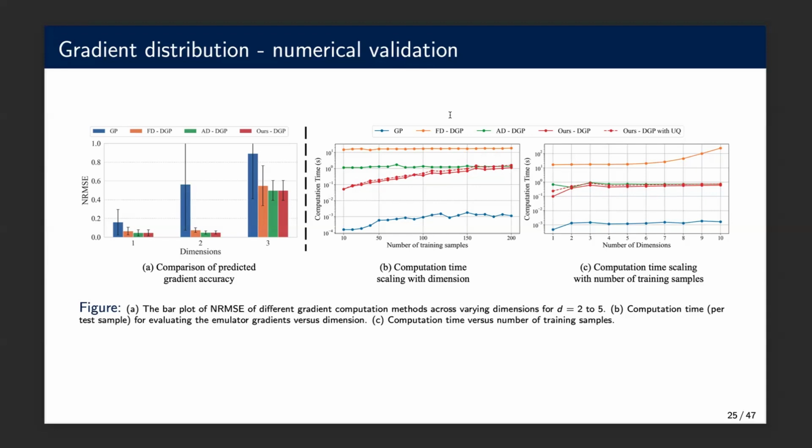Figure C shows how the time scales with the dimensions. With finite differencing, the required samples increase exponentially with the dimensions, so you can see how it scales. In this case, our approach performs quite similarly to the AD approach, even with the UQ. And the GP is a very simple emulator, so it's sufficiently fast.